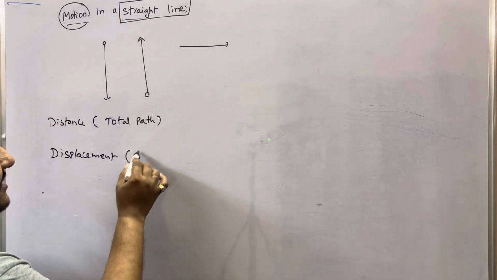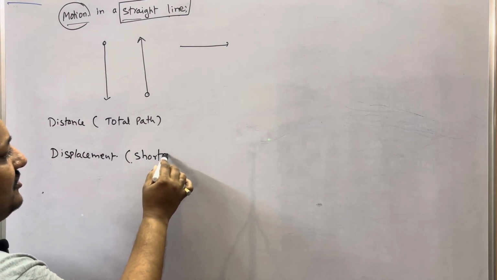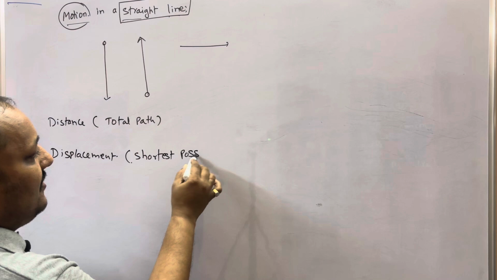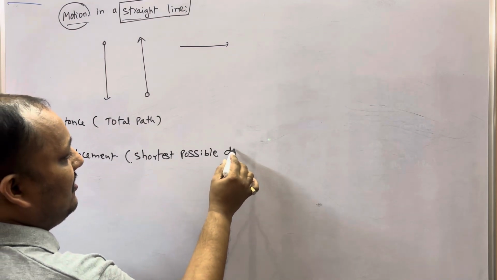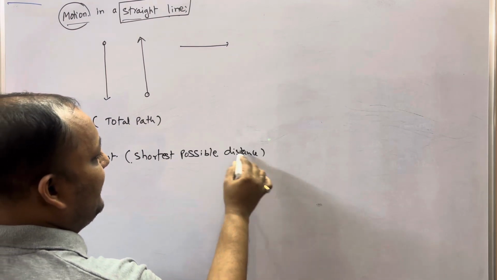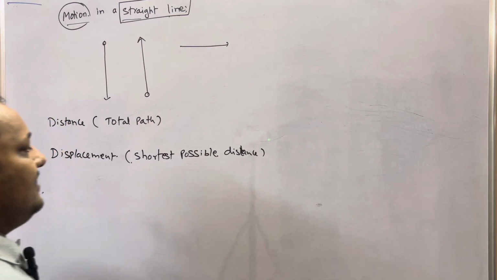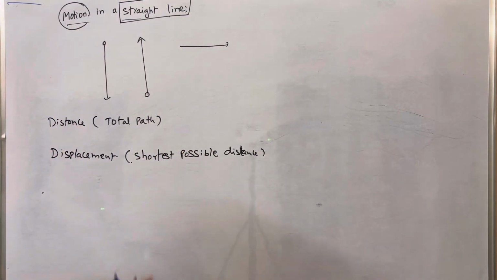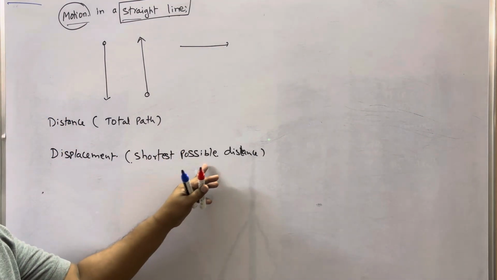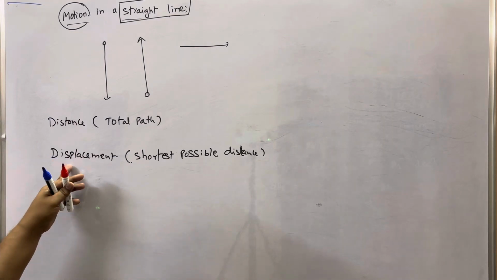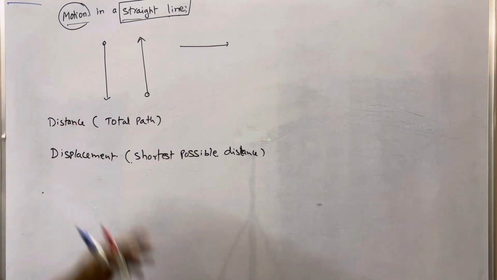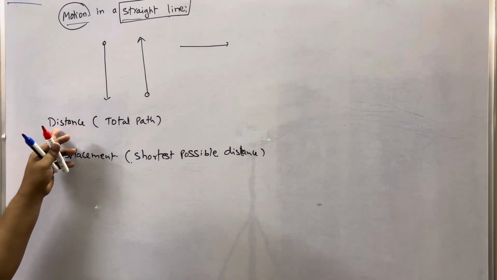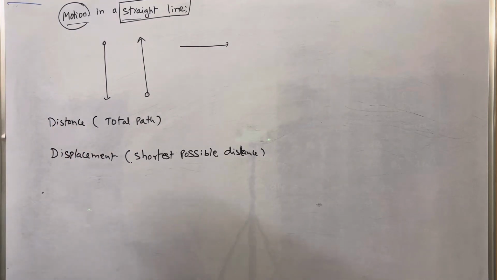Displacement means the shortest possible distance between the initial and final position. Simply, the shortest possible distance is called displacement. Total path covered by the object between initial and final position is called distance.